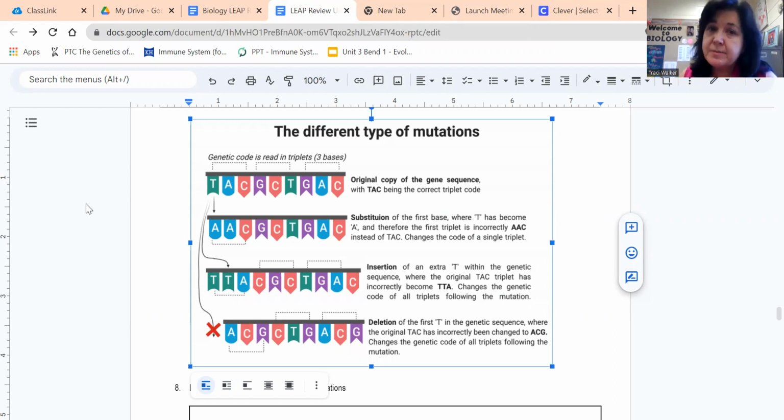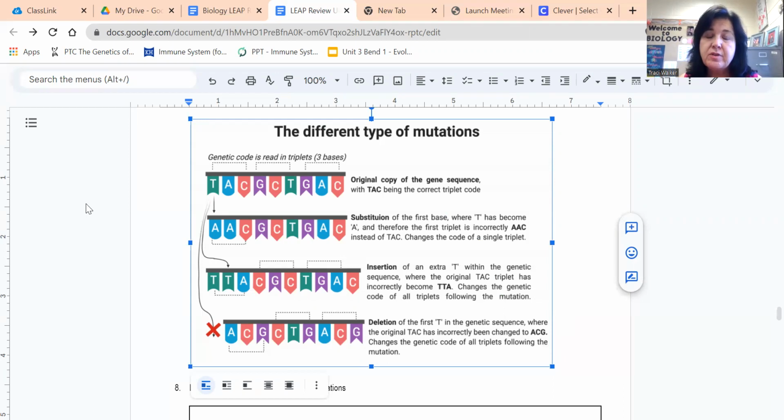But sometimes, when DNA is replicated or when DNA is transcribed, when the A's go with the T's, the C's go with the G's, the A's go with the U's, and so on, sometimes in that process, there are errors made. And this is what causes a mutation.